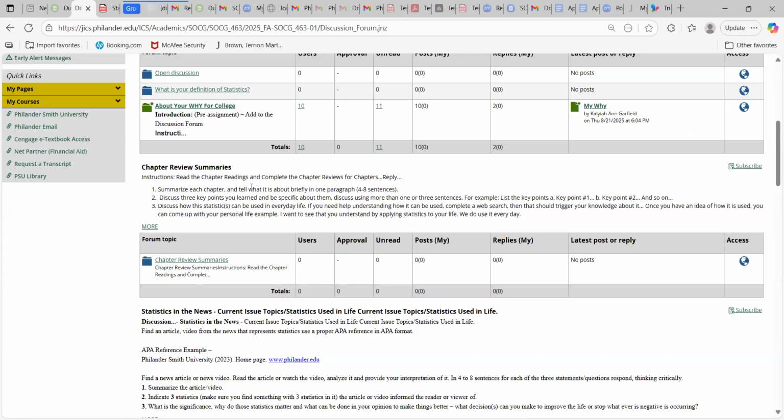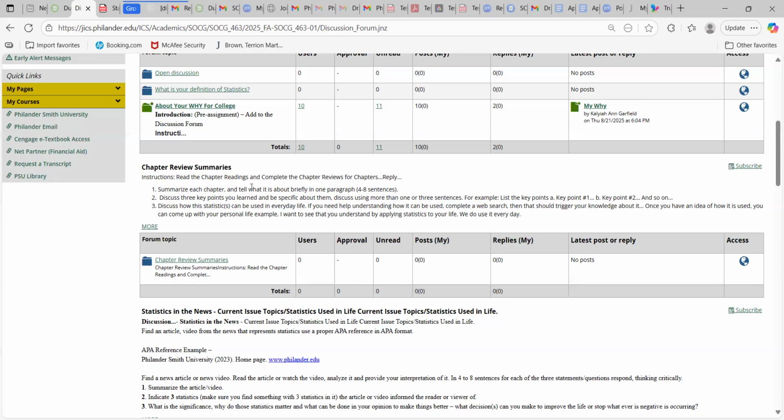After that, it'll be easy for everybody to follow, and for me as well. Then you're going to put your everyday life example of how this statistic relates in everyday life, and what you learned about it.